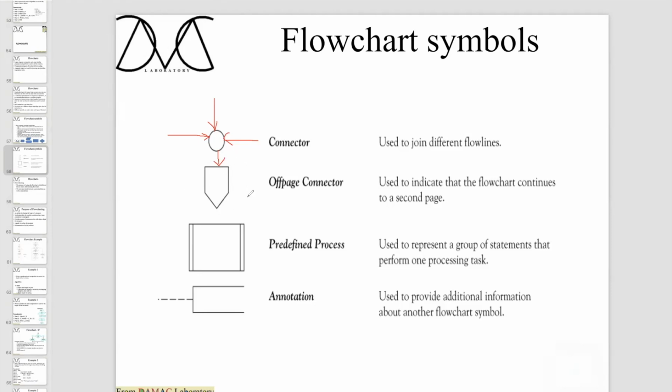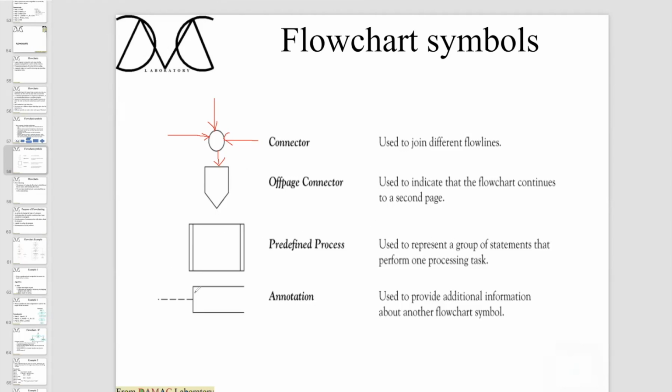Then there is the off-page connector. This off-page connector is used mainly for a long flowchart, where a particular flowchart needs more than one page. Then you need to put this symbol to connect from one page to another page, to denote that the flowchart does not end here, it also continues on another page. The next symbol is the predefined process.